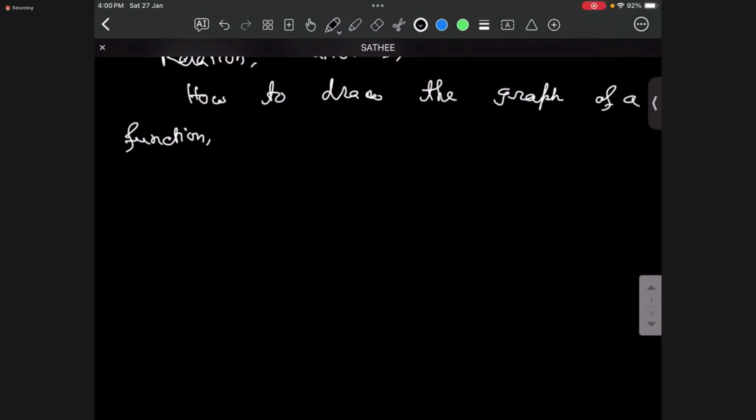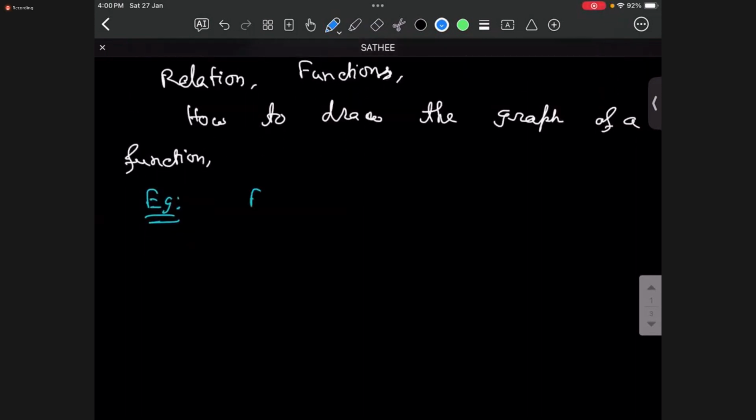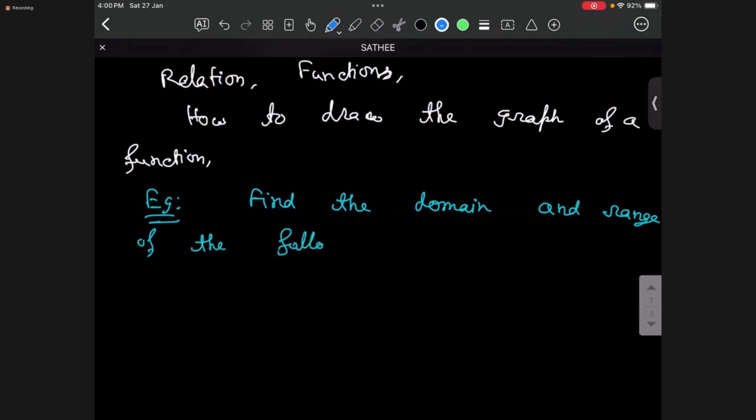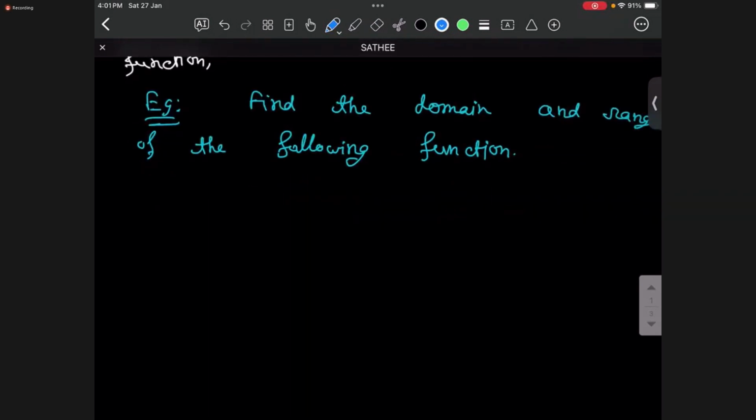Let us start with the example: find the domain and range of the following functions. The functions are given by f(x) equals mod x, and another one, f(x) equals root over 9 minus x square.